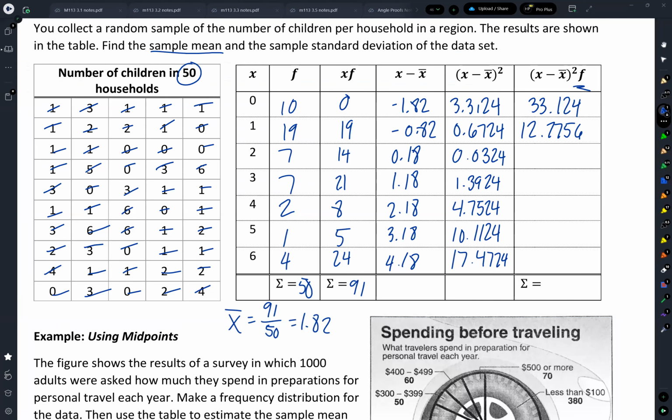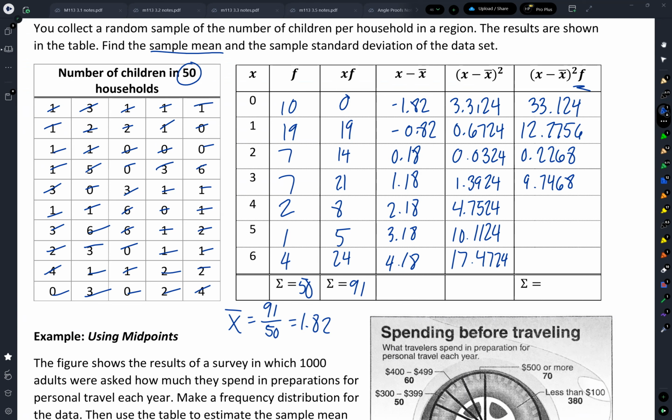Okay, 0.0324 times 7 is 0.2268. 1.3924 times 7 equals 9.7468.